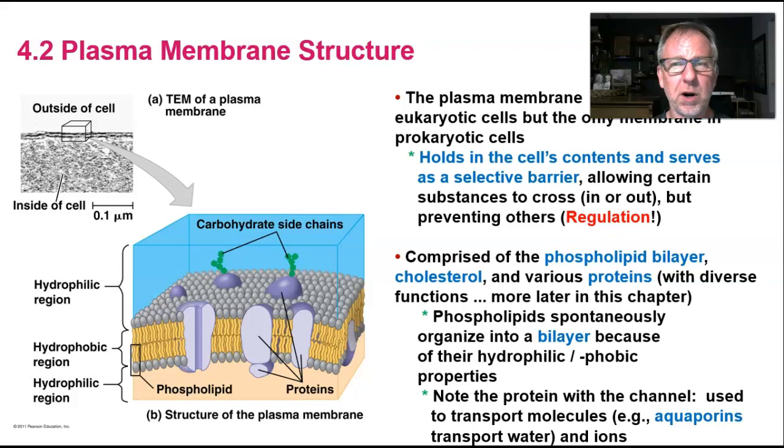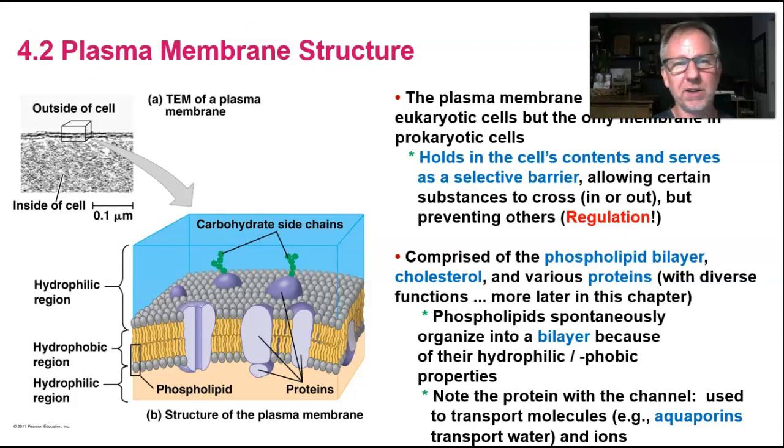Remember, that's one of the properties of life, that living things regulate what's going on inside of them for homeostasis. So the plasma membrane, that bouncer on the outside of cells, has that job of regulating and controlling what goes in and what goes out. So important that you know that.